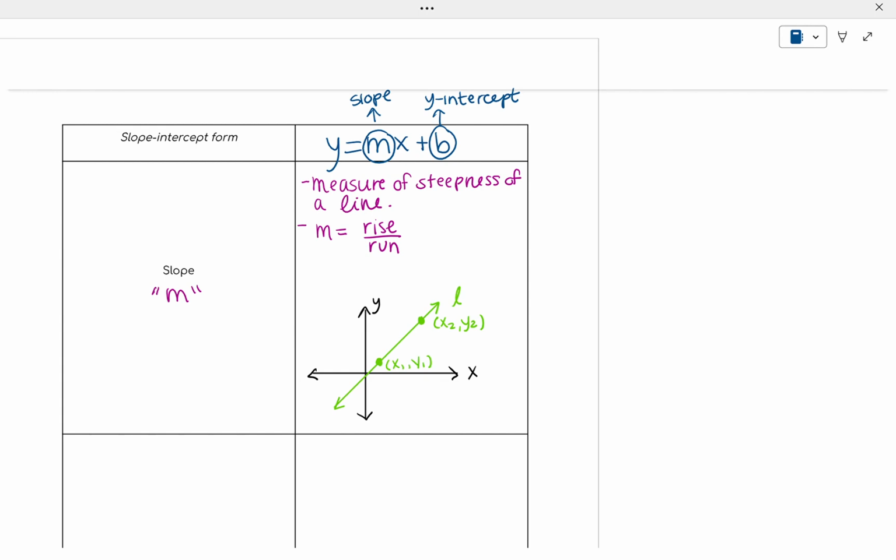When we're discussing vertical changes in the xy plane, this refers to the change in the y values along the y-axis. So rise references the y coordinates. And run refers to the horizontal change, or the change along the x-axis.